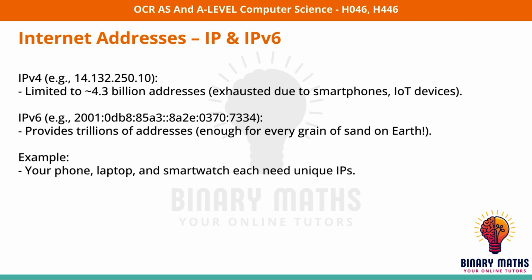Enough to assign a unique IP to every atom on Earth, with trillions left over. So next time your Xbox connects online, thank IP version 6 for keeping you in the game.